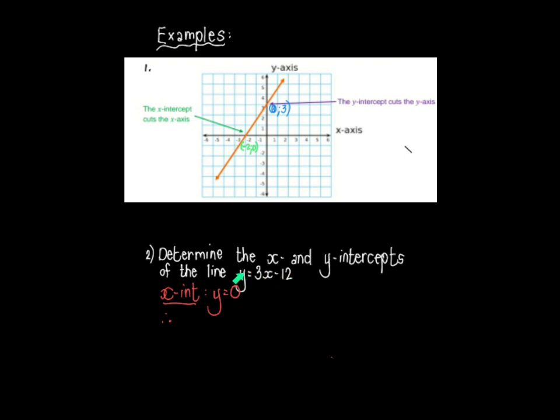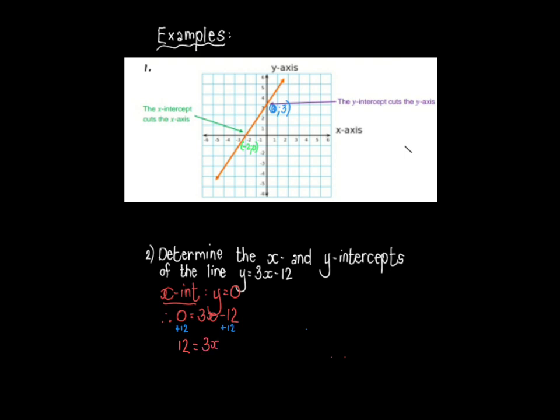Y is now becoming 0 because if I want the x value on the graph where y is 0, I have to substitute y with 0. Once you've done that, you only have one variable remaining to solve for. Our inverse operation to start isolating the term that contains x is to add 12, and what we do on one side we do to the other side, and then we get 12 is equal to 3x.